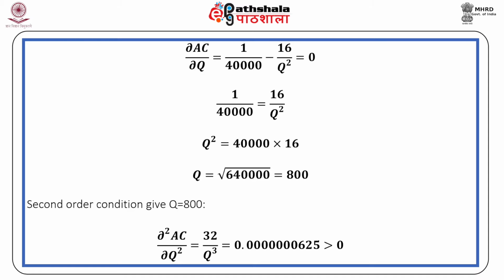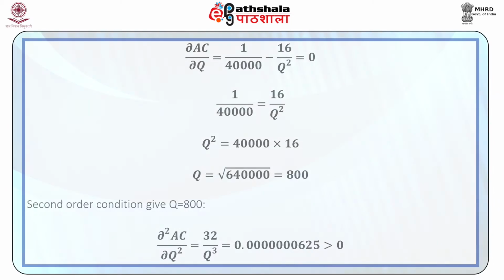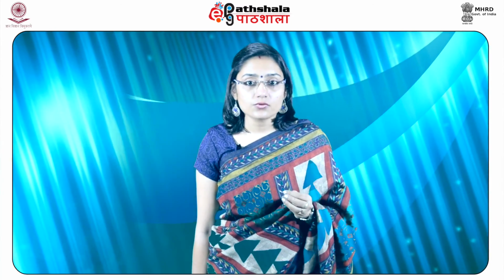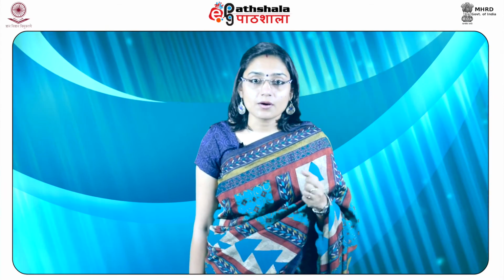Second order condition gives, at Q = 800, Δ²AC/ΔQ² = 32/Q³ = 0.000000625, which is greater than 0. Therefore, at Q = 800 units, the average cost is minimum.